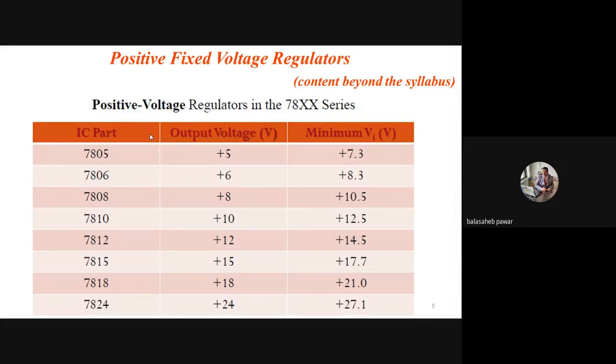So that minimum input requirement is provided by the manufacturer in the data sheet of that particular IC. Okay? Is it clear? So the input requirement is plus 7.3 volts. So looking towards these two values, what is the conclusion? The input to these regulator ICs should be greater than its rated output voltage. Is it okay?